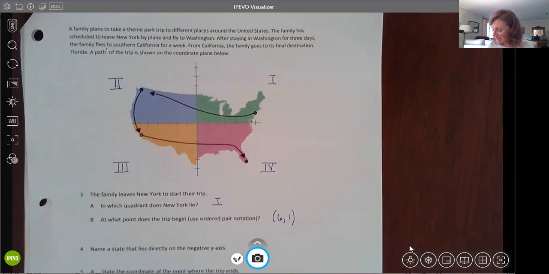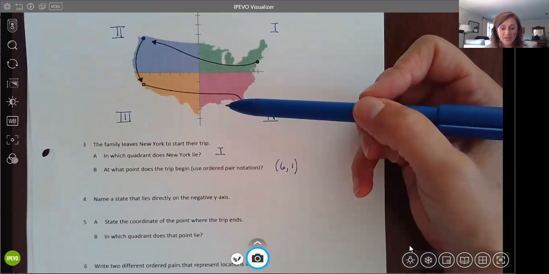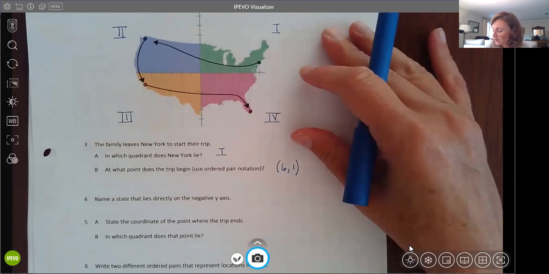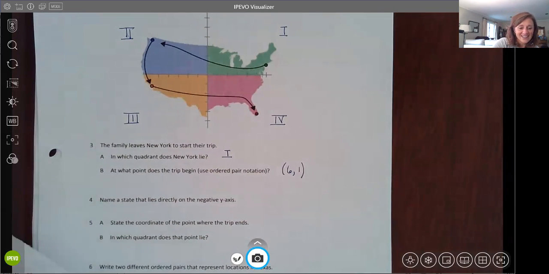All right, it says name a state that lies directly on the negative y-axis. So this is definitely going to test your state knowledge. What I did is I'm going to stop sharing the screen and share another screen. I found a map of the US, so look at your paper and then look at the map of the US.